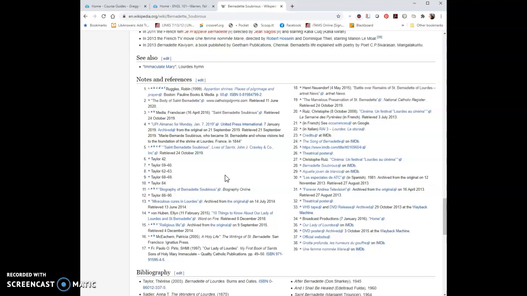Now, this is important to pay attention to, because Wikipedia itself would not necessarily be used as a source. It is an encyclopedia. The purpose of an encyclopedia is not to be used as a source. It's a jumping off point for research. It's to allow you to familiarize yourself with the basic information about a thing or a topic.